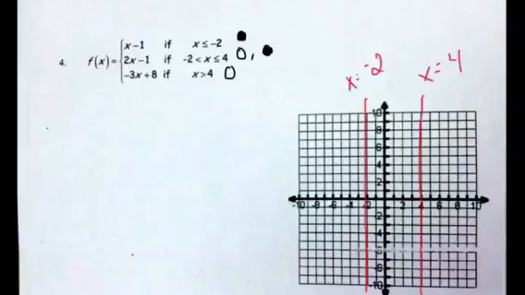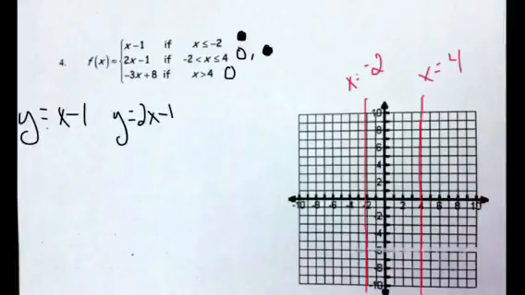So I'm going to go ahead and write my three equations. They're in slope-intercept form. So the first one is y equals x minus 1. The second is y equals 2x minus 1. And the third one is y equals negative 3x plus 8. By now you should be able to look at the equation and know what the slope and y-intercept are.